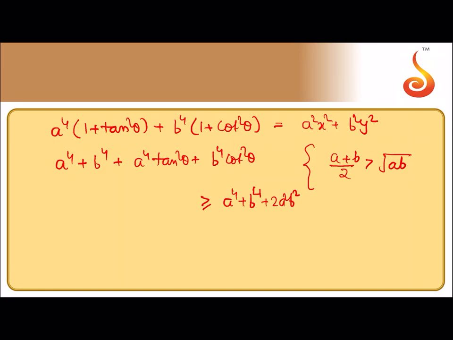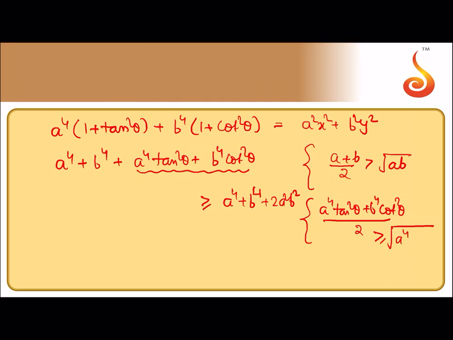Here we use a plus b by 2 is greater than or equal to root ab. That's the concept we use. Clear? Using this, we get this is greater than or equal to a to the power 4 plus b to the power 4 plus 2a square b square. Why?